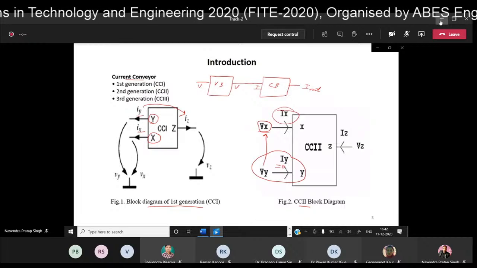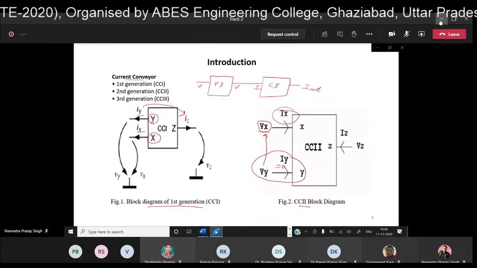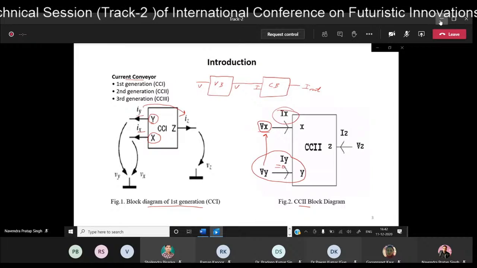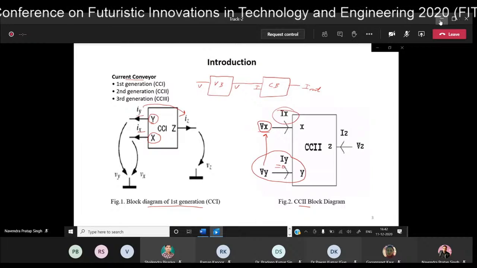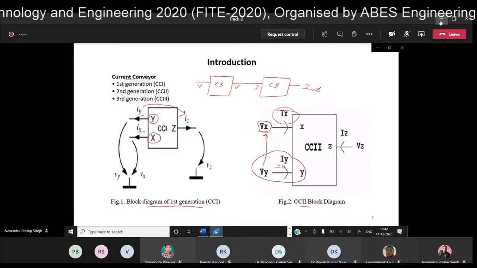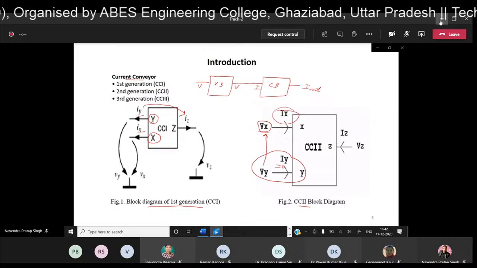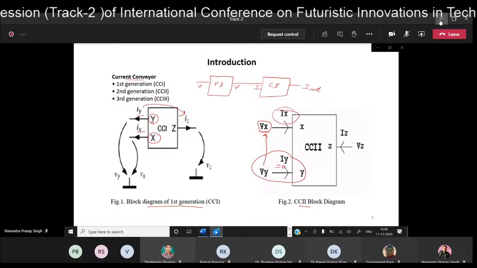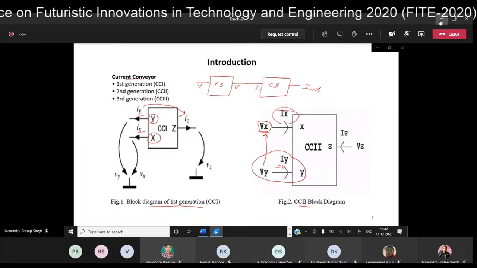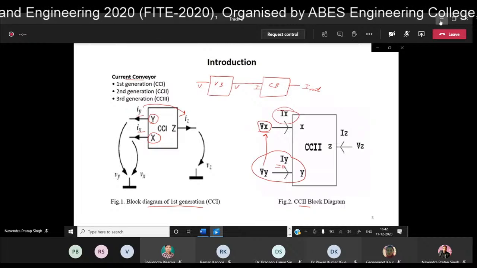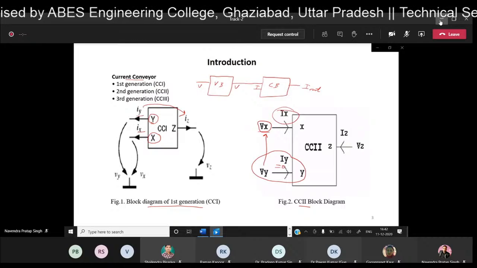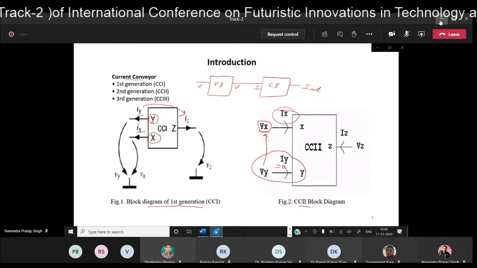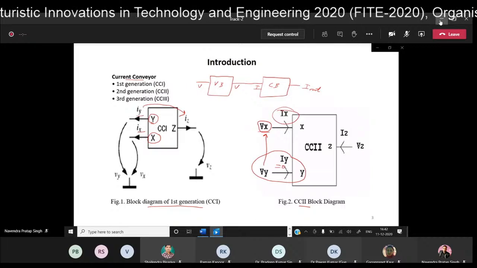Now, the current conveyor is used to implement the multifunction filter. As I have already said, we have taken different multifunction filter implementation approaches using the current conveyor. This is the first approach, proposed by Dr. Jagla and others: a dual output CCI bipolar implementation, with the same approach, that means X is reflected here and that current is reflected at this terminal.